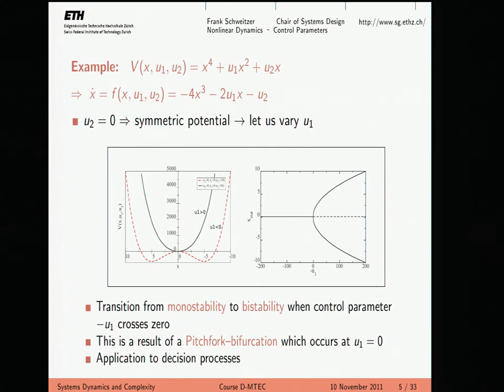We want this to be equal to 0. This gives you 3 solutions already. x equal to 0, which is the unstable stationary point, and you have 2 more, x2 and x3.